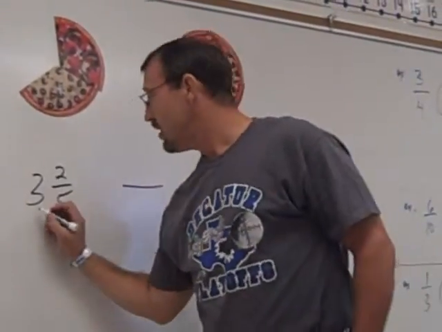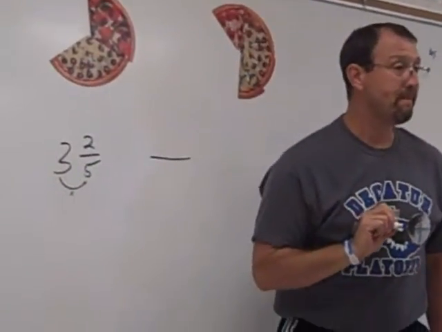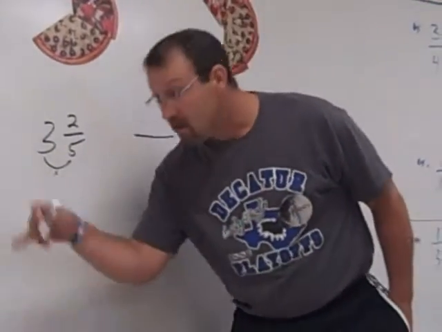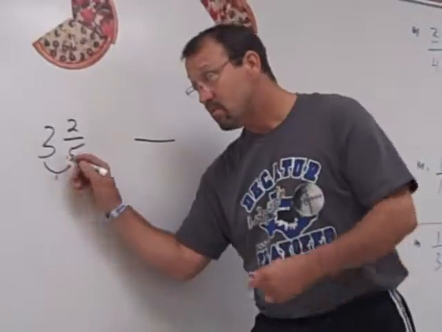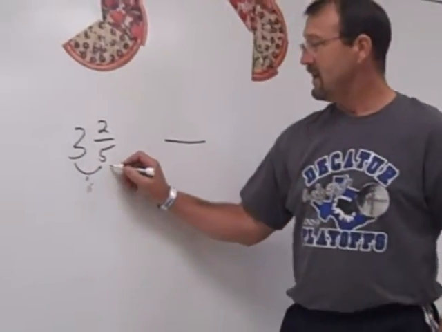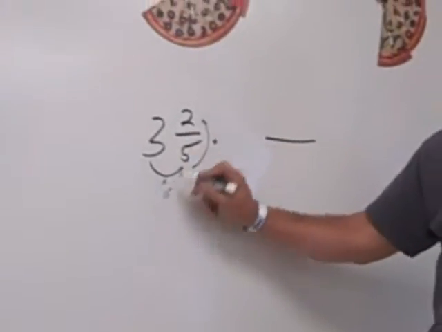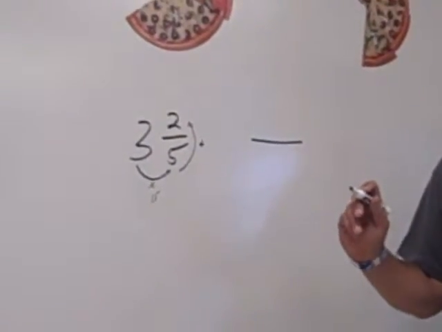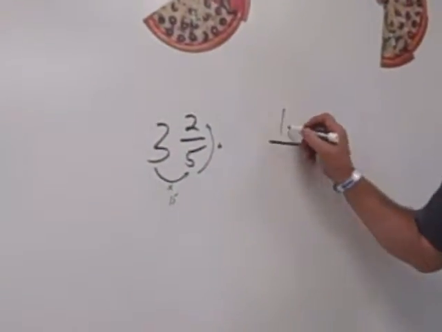Loopy loop. Loop times. You go with me? Loop times plus. Loop times 5, 15. Good. Now that loop plus 2, 17. And what did we do with that 17 we got? You put it on top in the numerator.